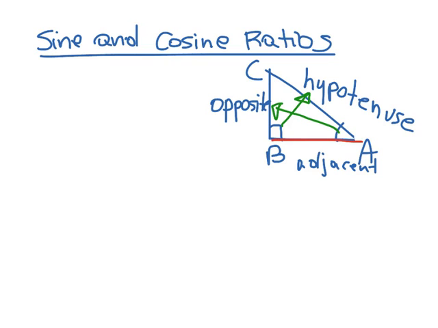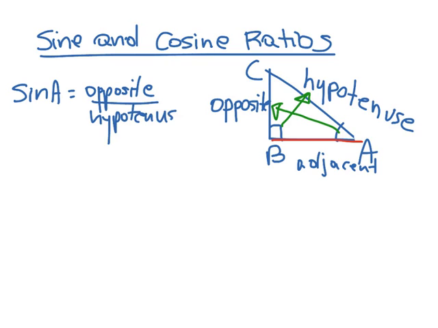So what are the sine and cosine ratios? The sine and cosine ratio states that sine of an angle A, in this case, is the opposite side over its hypotenuse, while the cos of A is equal to the adjacent side over the hypotenuse side.